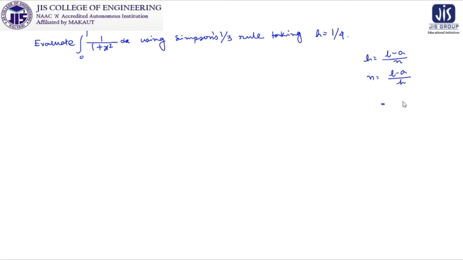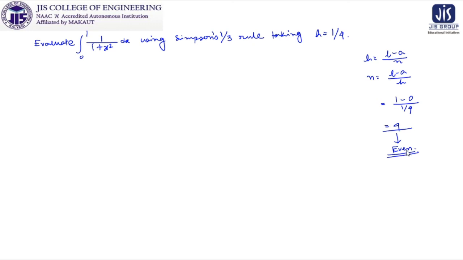It is important because (1 minus 0) by 1 by 4 is equal to 4, which gives you the confidence that it is an even number, and you can proceed with the problem using Simpson's one-third rule, which is not required to be checked in the case of the trapezoidal rule.